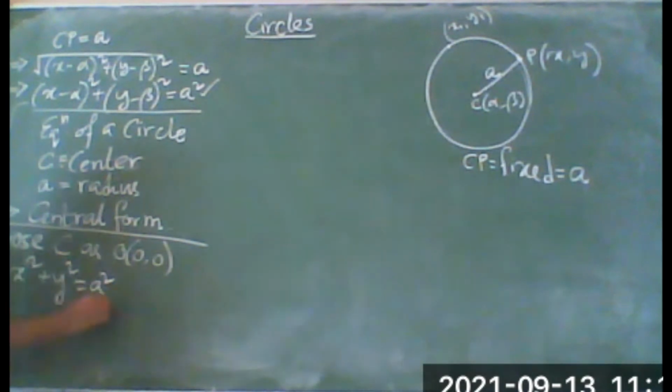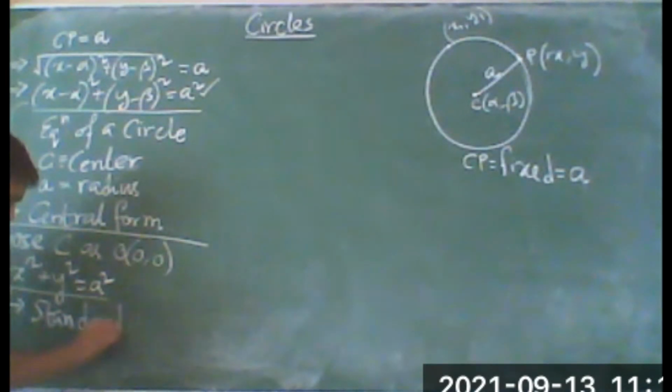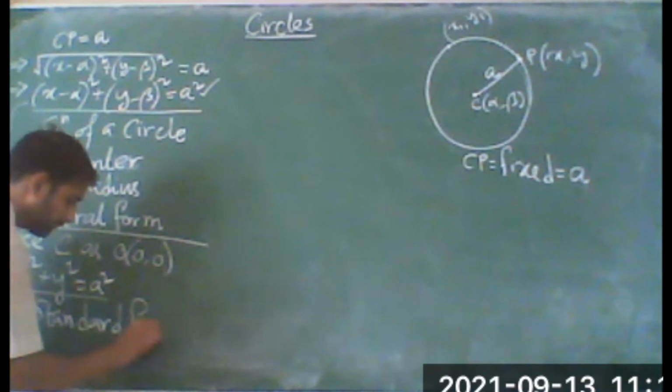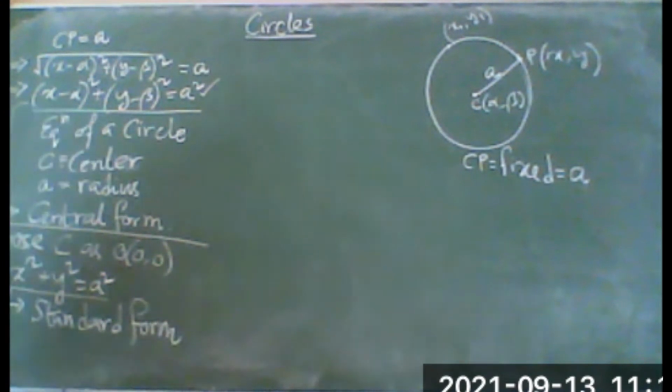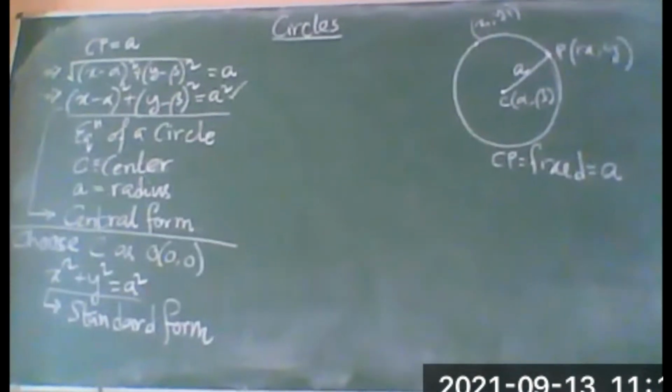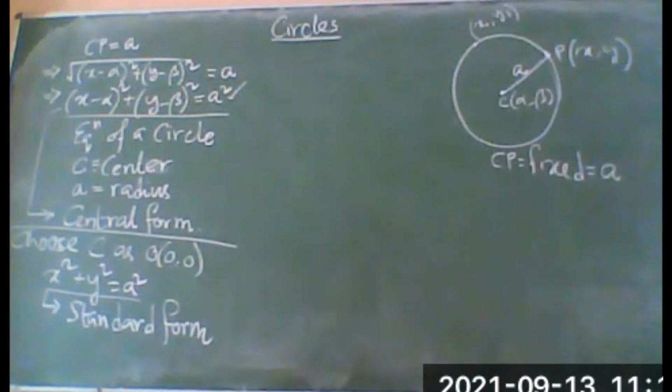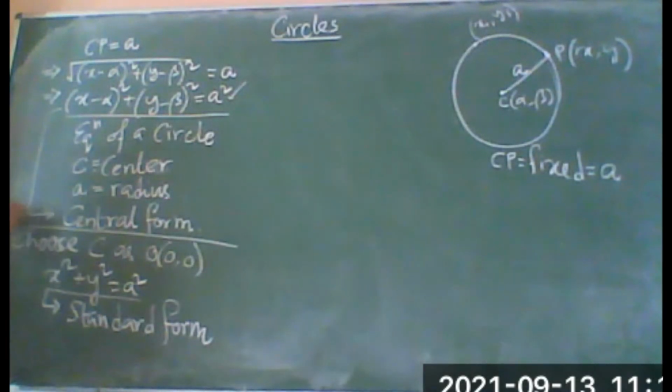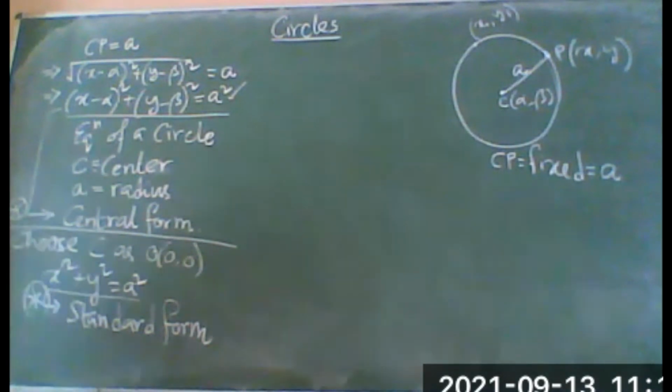This form is called the standard form of a circle. Okay, two forms we have done, the central form and the standard form.